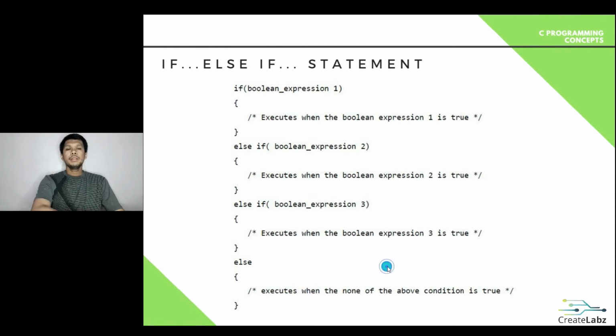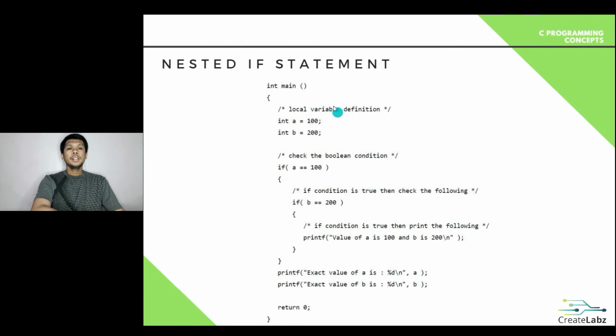Nested if statement. Nested if statement is when we have a smaller if statement inside a bigger if statement. So here's an example. A is 100, B is 200. And then here is the outer if statement. If A is equal to 100, open curly brace, close curly brace.